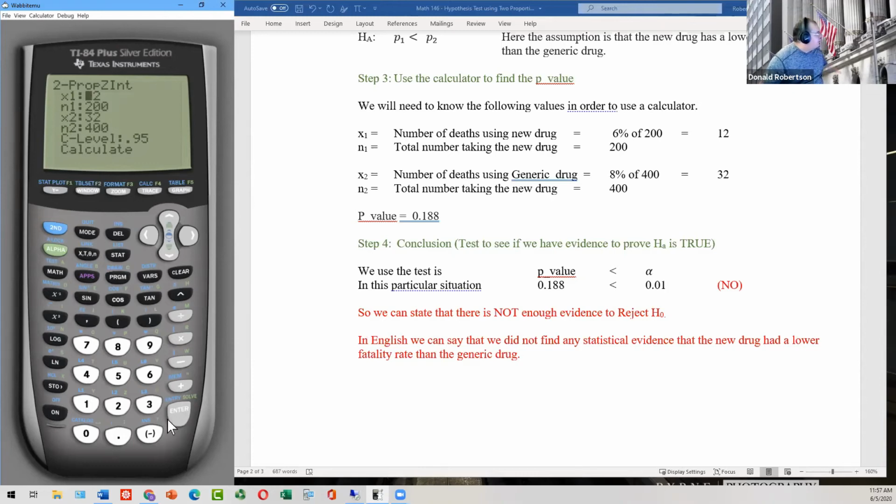X1 is 39 people out of a total of 51. So these are the preschool people, right? 39 graduated out of a total of 51.